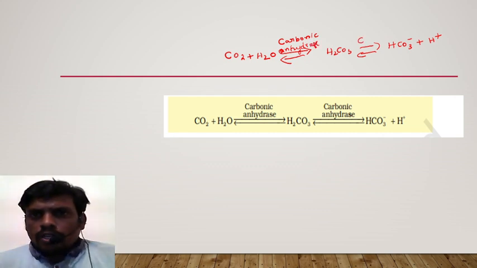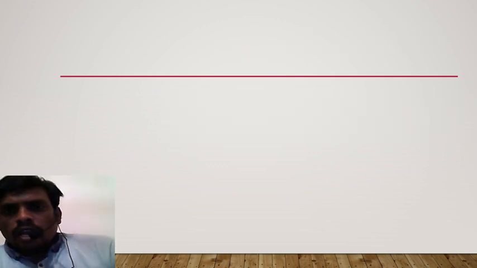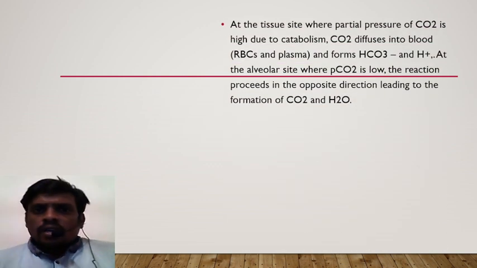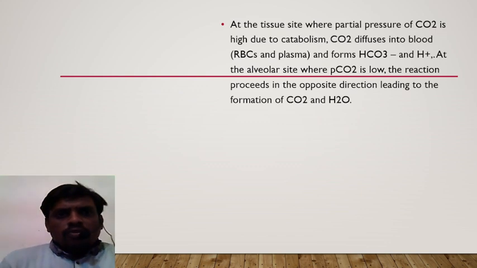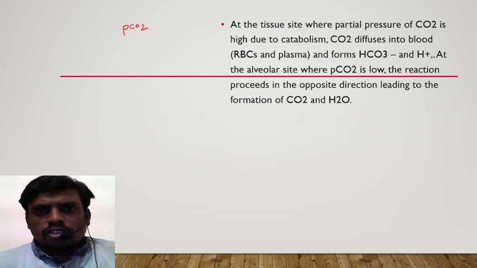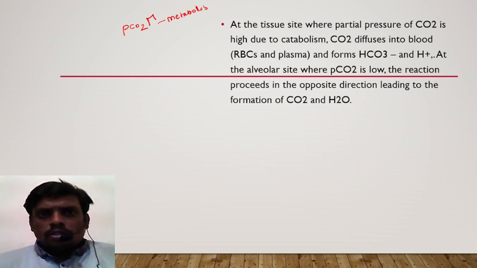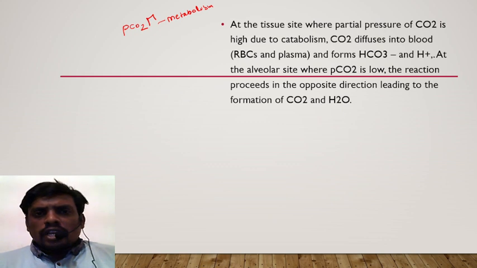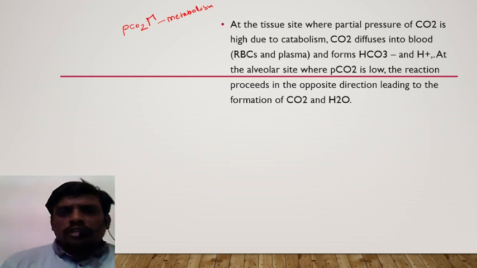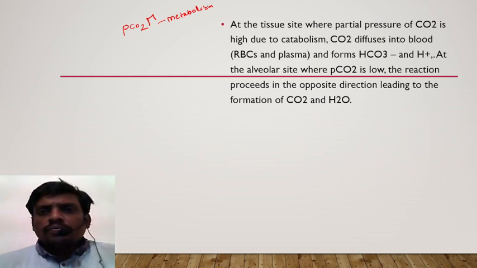And apart from that, at the tissues where the partial pressure of carbon dioxide is high due to metabolic activities, such as catabolic and anabolic reactions in the tissues, the CO2 concentration will be very high.